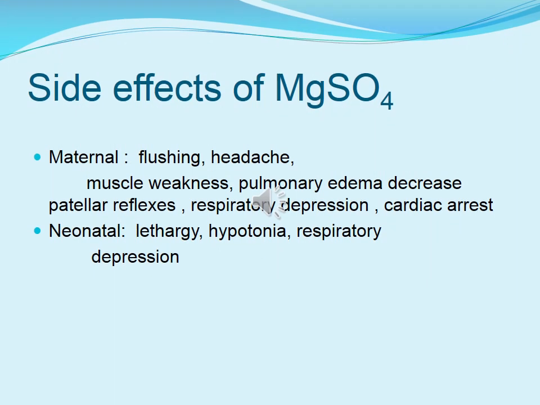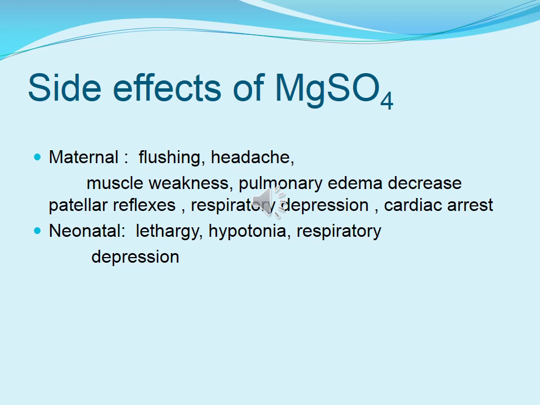What are the side effects of magnesium sulfate? It has side effects on the mother as well as on the fetus. On the mother, there is flushing of the face, severe headache, severe muscle weakness, pulmonary edema, decreased patellar reflexes, respiratory depression, and cardiac arrest.